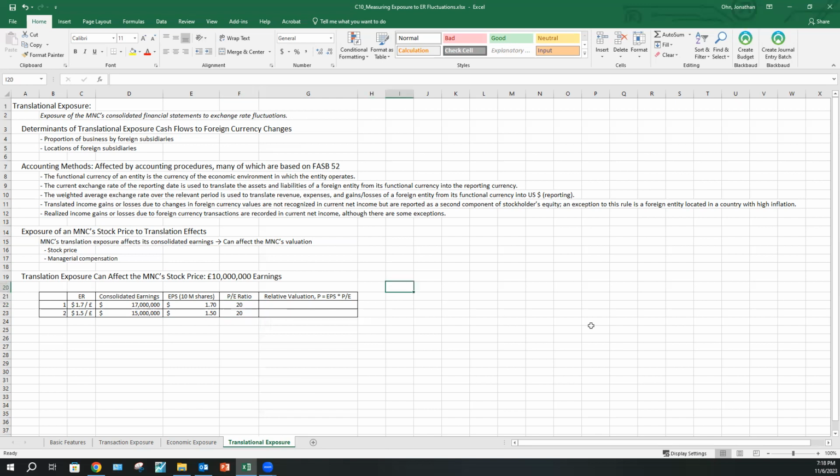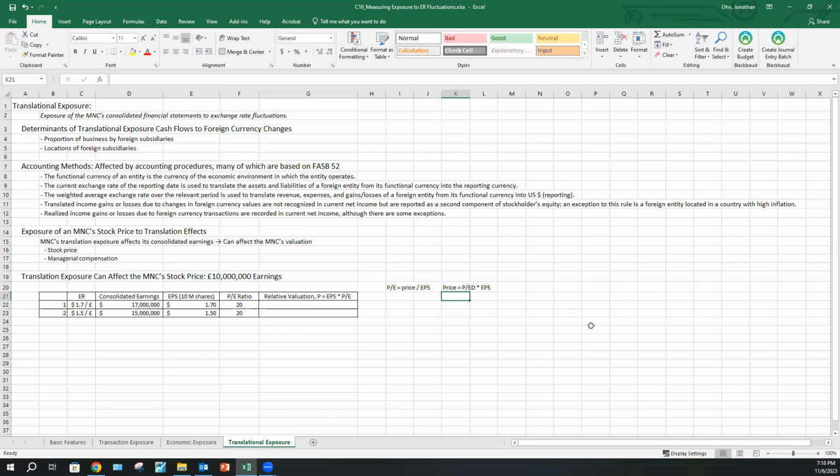Now the PE ratio is the stock price divided by the earnings per share, right? If you want to calculate the price, it is equal to the PE ratio times earnings per share.